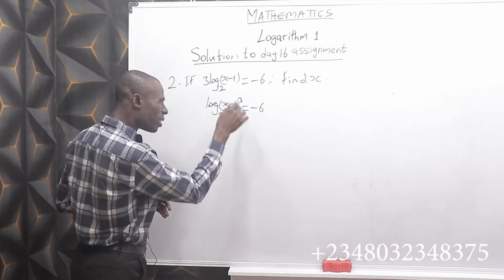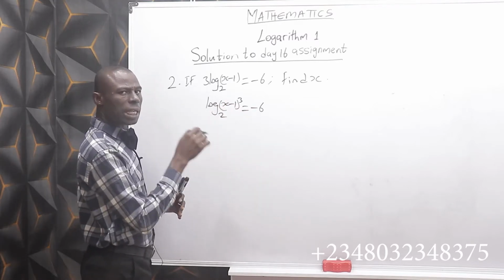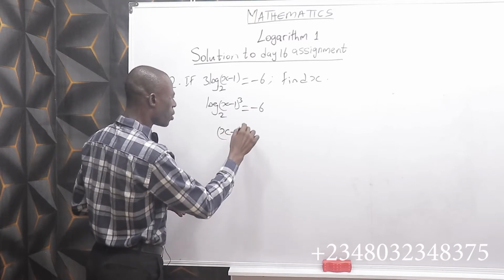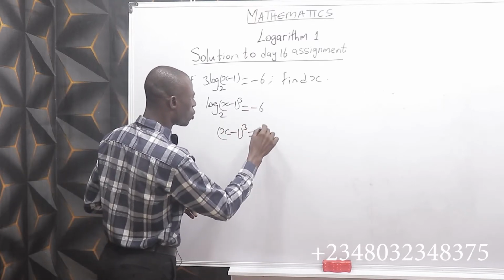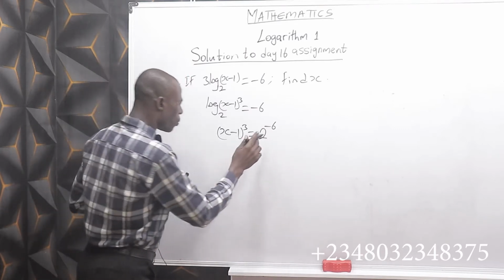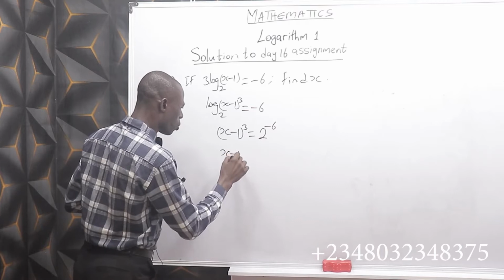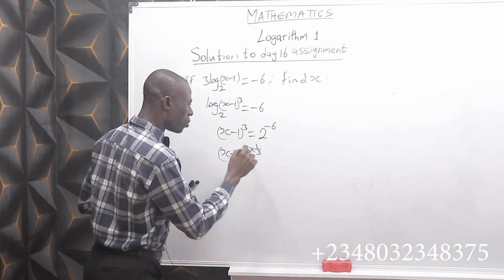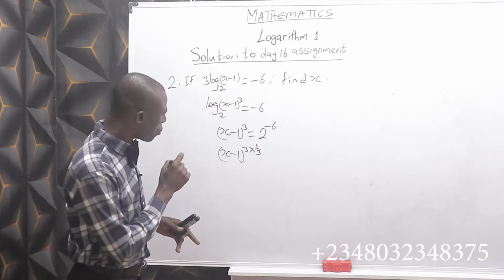So expressing this logarithm in indices form, you have x minus 1 raised to power 3 equals 2 raised to power 6. Which means x minus 1 raised to power 3 times 1 over 3. You remember in indices what I taught you?